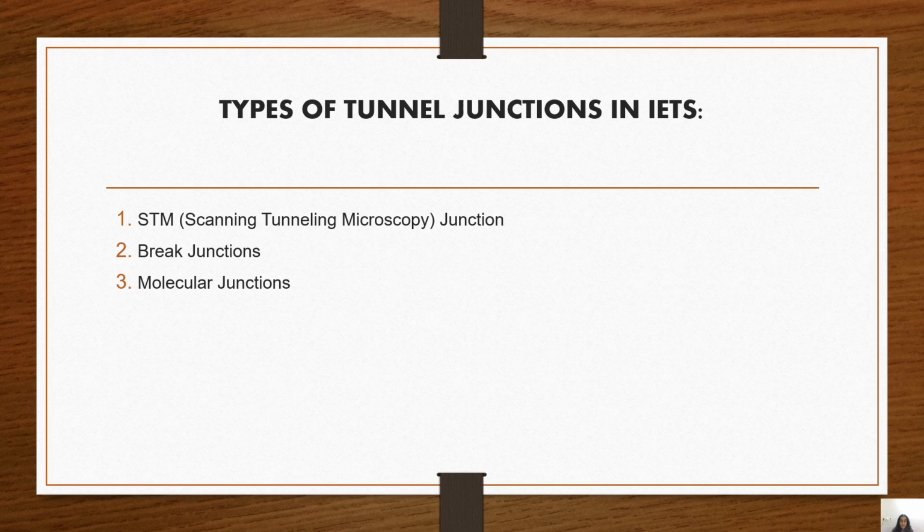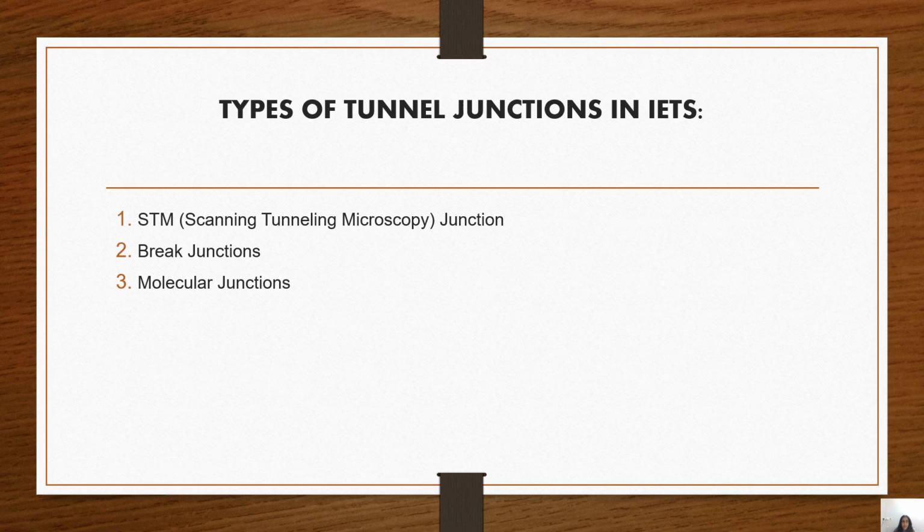When the distance is small enough, electrons can tunnel across the gap between the tip and the sample. This tunneling current is highly sensitive to the tip sample distance, varying exponentially with even the slightest change in the gap. This allows for incredible precision in measuring surface topography.